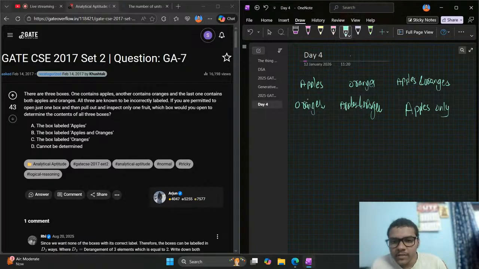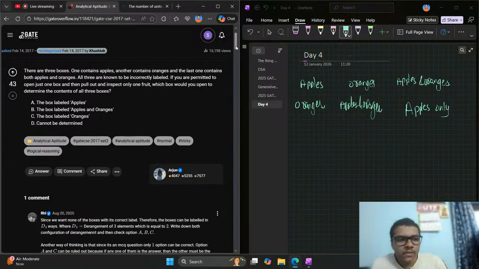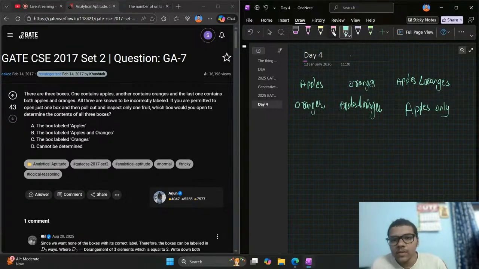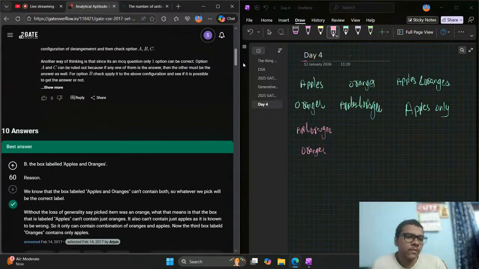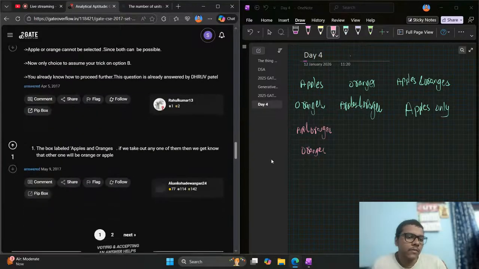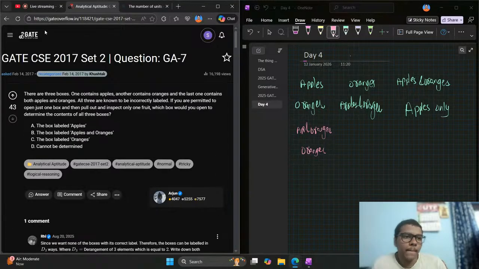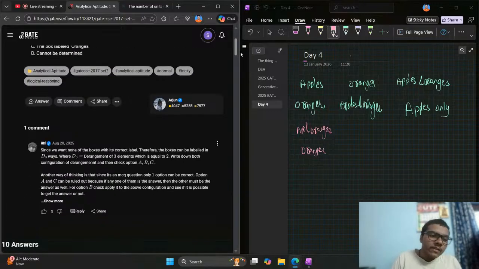What if this contains apples and oranges? So let's say you open apples and it contains apples and oranges. Or if this contains oranges, right? Then this might contain apples and oranges, and this might contain oranges. So apples and oranges, I will open it, yeah, because it is giving away too much information.